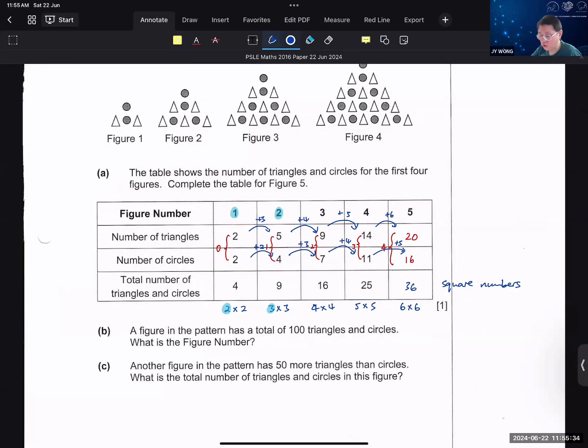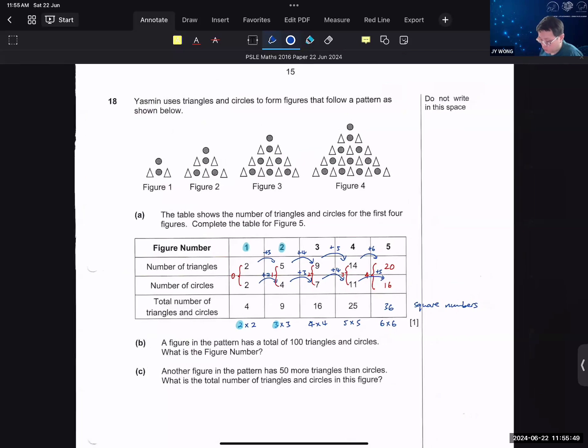You are supposed to be able to visualize what the difference between the two types of pattern is, which is also exactly what this question is testing. So PSLE don't usually test you entirely brand new things. This difference concept has already been tested in 2016. Then they test it again in 2019, but still a lot of students struggle in the 2019 paper.